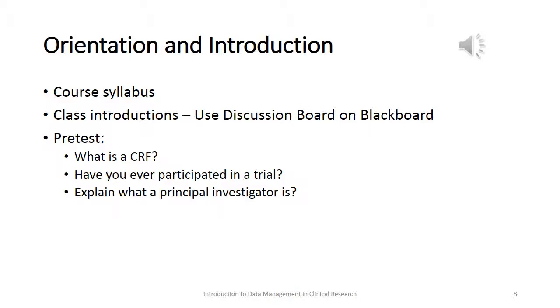If you'll take a look at the first page on your syllabus, you'll see that you've got the course section number on there. You may need that from time to time if you're communicating with some of the folks at Wake Tech specifically about the course. They'll want to know what the section number is. And of course, my name is listed on there, then the dates, which are June 1st through July 24th.